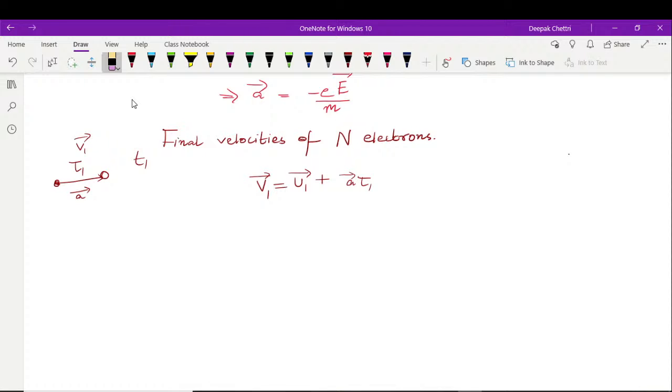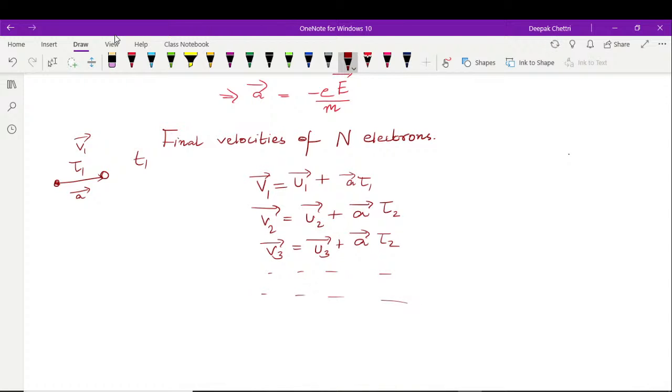So this is the final velocity that the first electron will acquire. In the same way we can write for the others also. We can write for v2, the velocity acquired by the second electron, and so on.